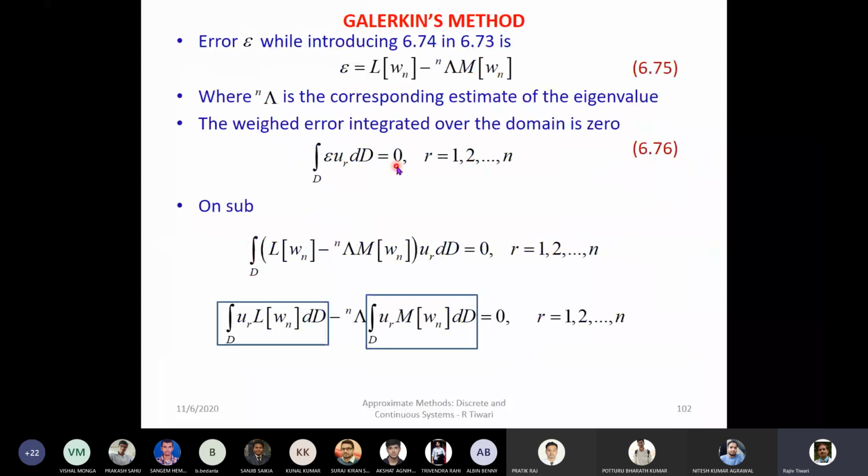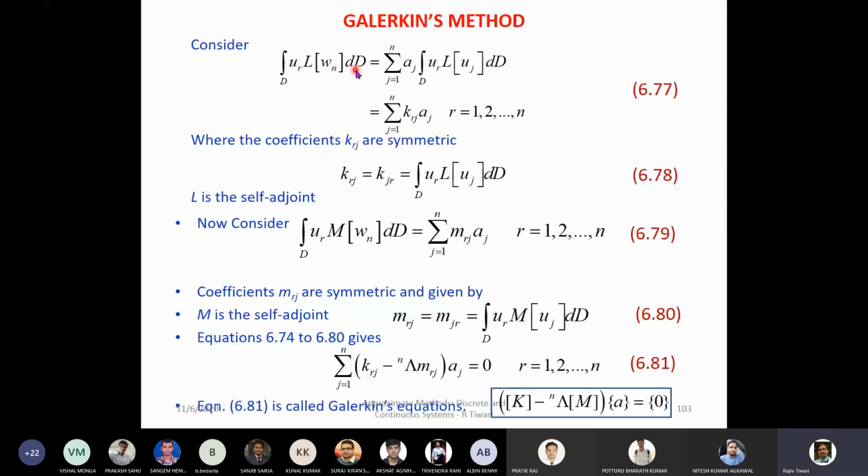So if you substitute the error function here, we'll get the error multiplied by this comparison function. Now if we open the bracket, we get two terms. This is one term, and this is another term which I am writing here again. This particular term of the left side is the one being taken.